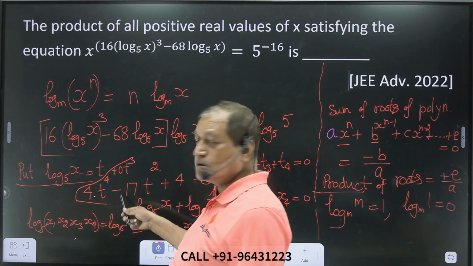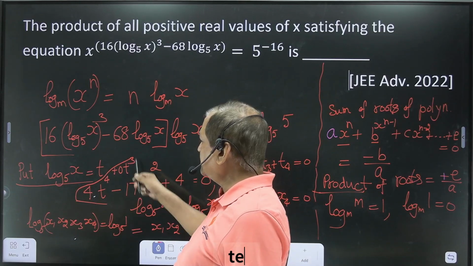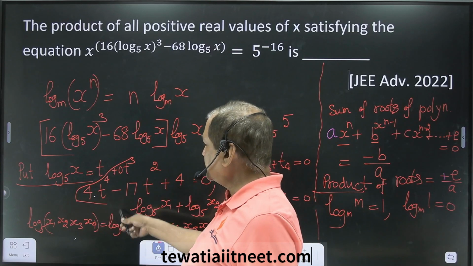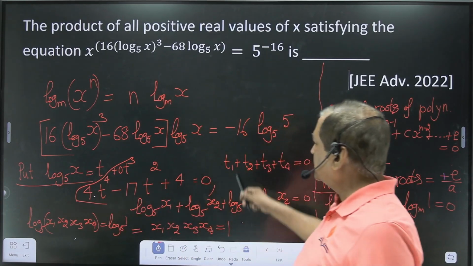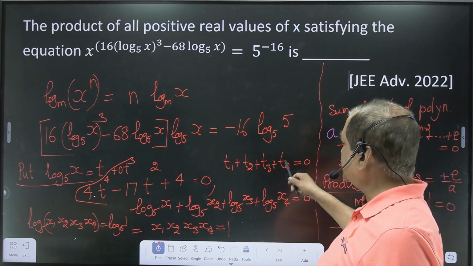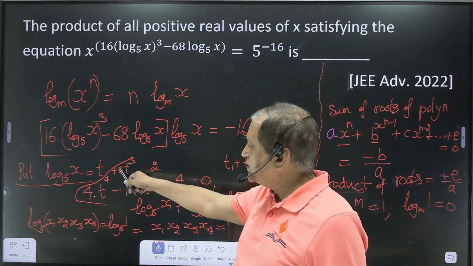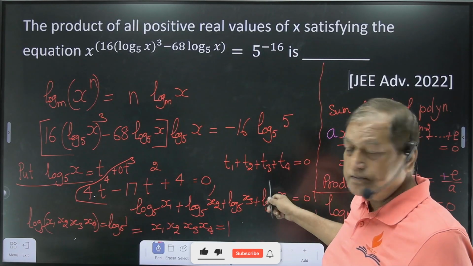Here no term of t cube is there, so the coefficient of t cube is 0. So for the roots of this equation, t1 plus t2 plus t3 plus t4 is equal to minus b by a. B is 0, so the sum of the roots is 0.